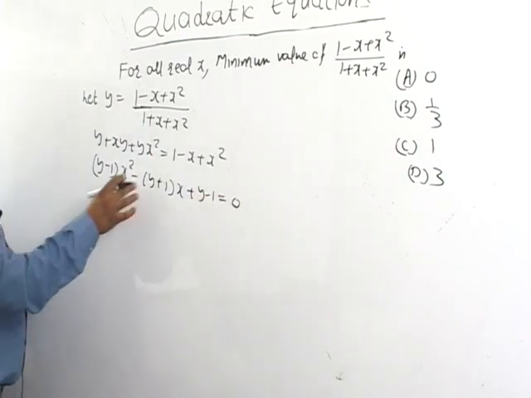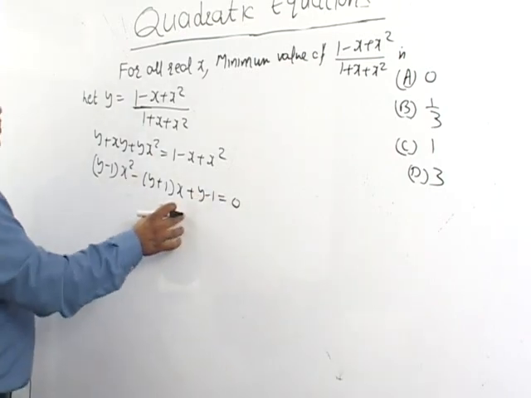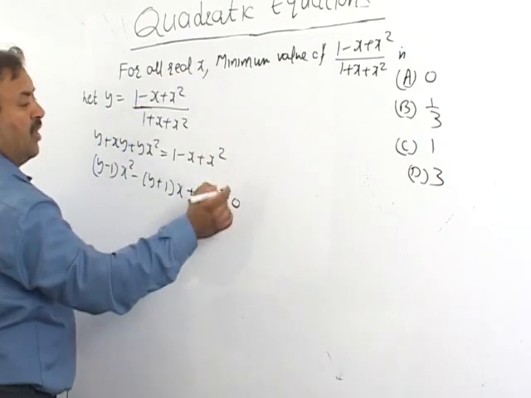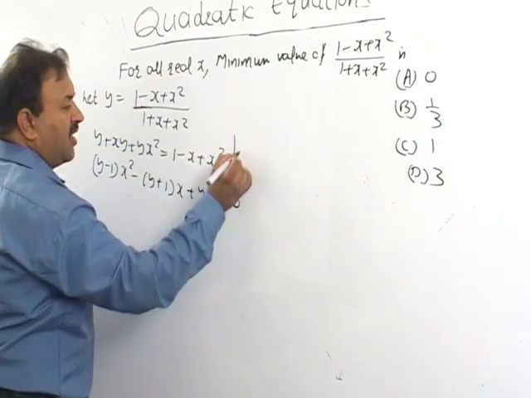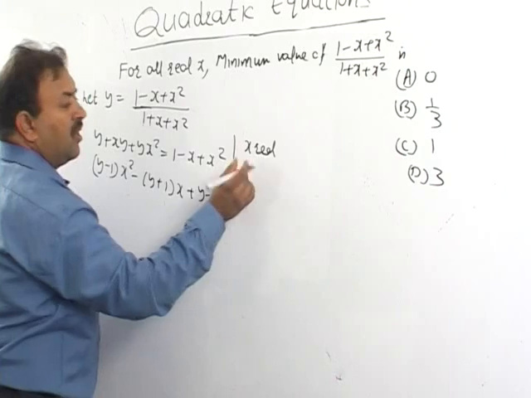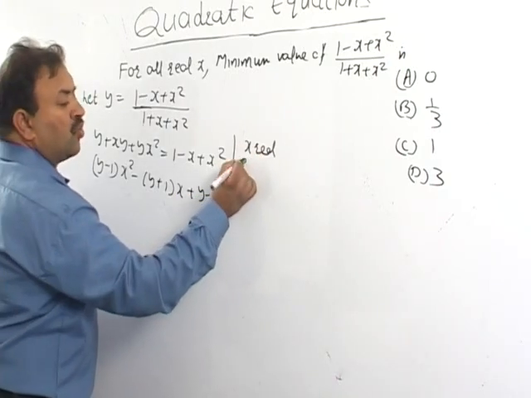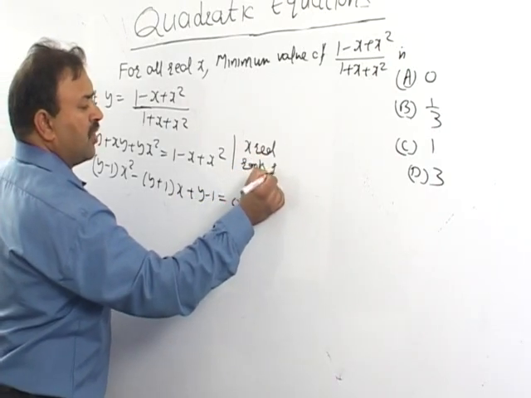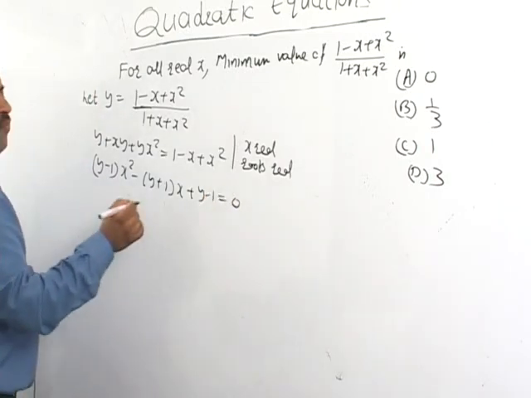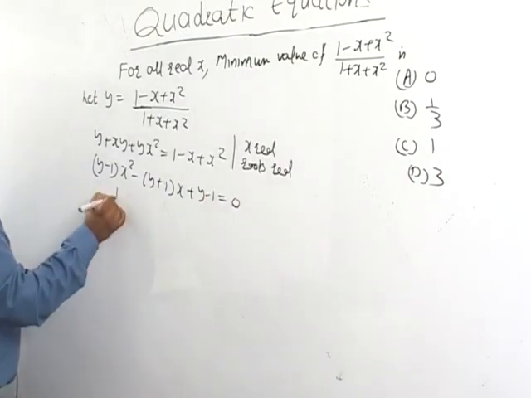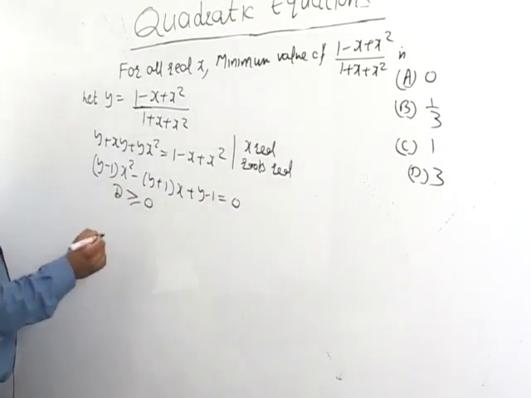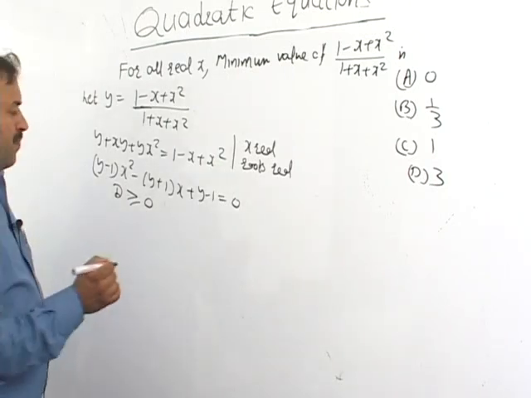We make a quadratic in x. Since we have been given x real, clearly it means the roots are real. We know that if roots are real, the discriminant should be greater than or equal to 0.